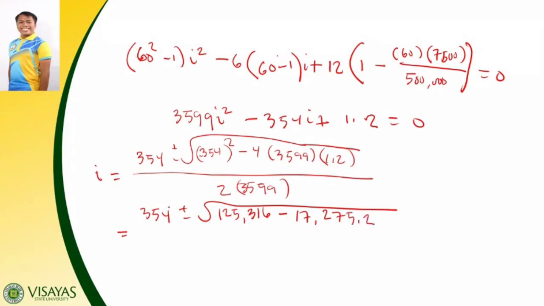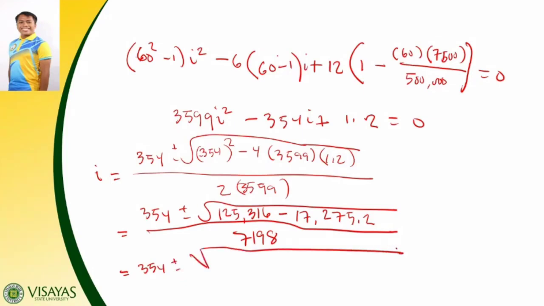Use your calculator so you can follow. 2 times 3,599 is 7,198. So this is 354 plus minus the square root of 125,316 minus 17,275.2.